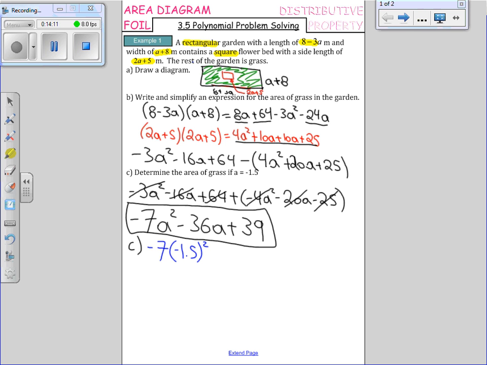Minus 36, negative 1.5, plus 39. You need to get your calculators out to solve that one. Go ahead and try it. See what we get for answers. Just wait. Pull out your calculator. Give it a try. See if you can get this in your calculator right.